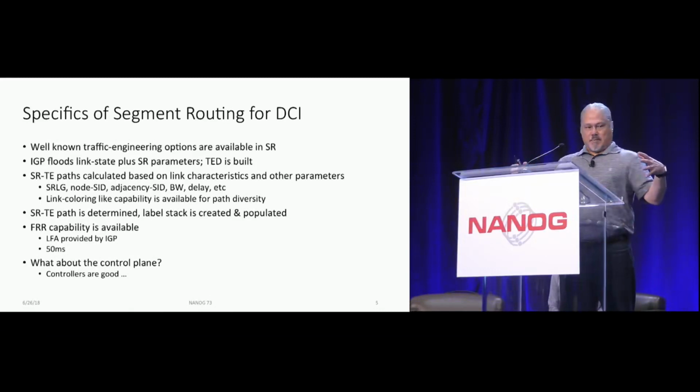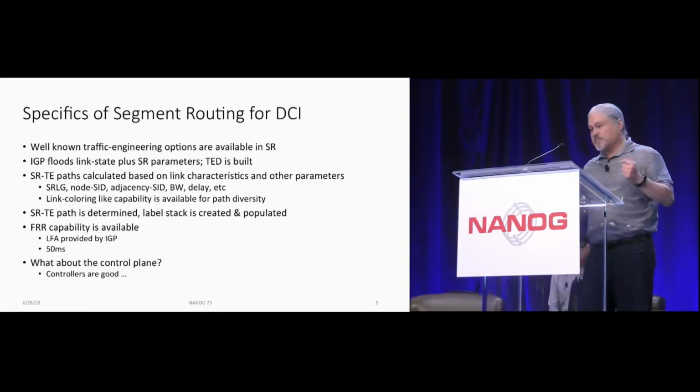So the IGP floods, a traffic engineering database is built either at the head-end node in a distributed model or in the controller. We'll talk about the controller in a bit. The path is determined. The label stack is created. Again, I'm using the word label stack because we're using MPLS and not IPv6 in the data plane, and that's populated on the head-end router. Pretty basic. So that gives you some of the traffic engineering capabilities.